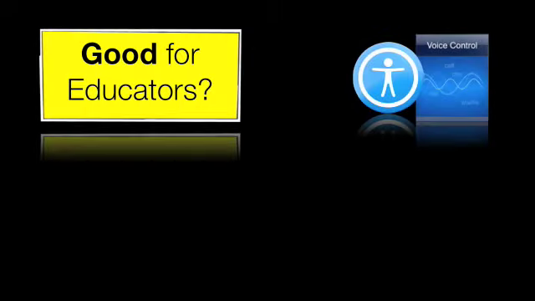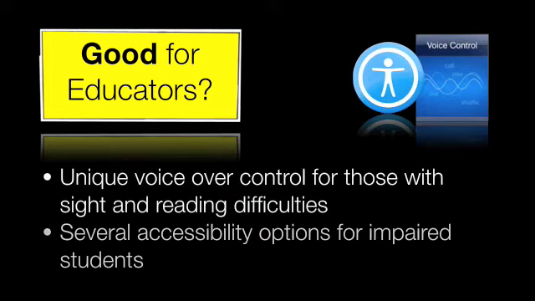So, the voice control and all those accessibility features, why would they be good for educators? It's pretty unique, the voiceover control, the way that it will speak out the different things on the screen and help you navigate around. It's pretty good for people who have sight or reading difficulties. I don't know of any other device that's got those kind of capabilities. If you were in that category yourself of difficulties, it's your only choice, and it's something that's unique to the 3GS.